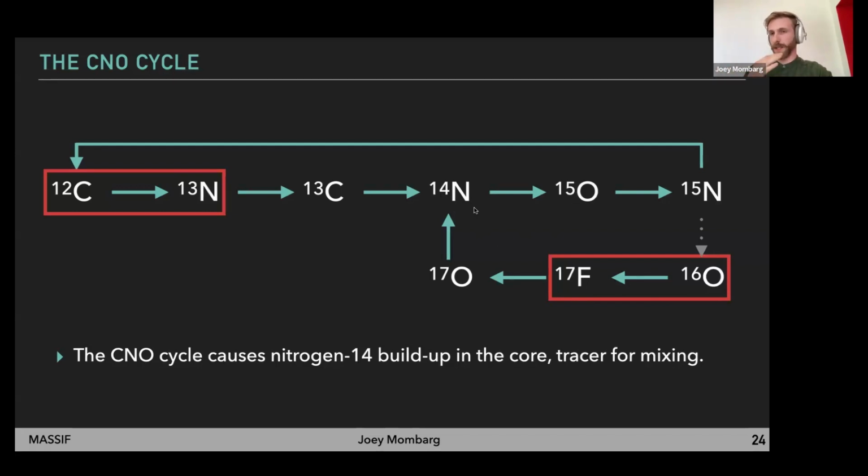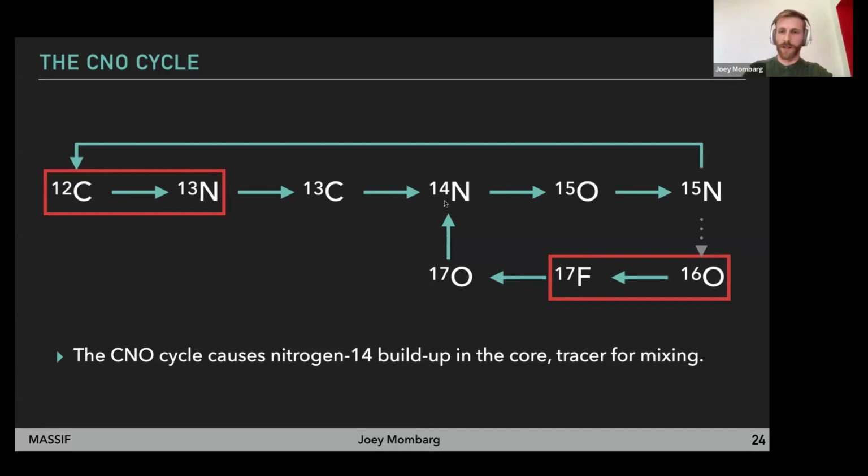If you have efficient mixing, you can transport this towards the surface where it can be observed. Indeed, we find stars that have enriched nitrogen at the surface, indicating that efficient mixing is going on. In the models I presented here, we've already accounted for this cycle, the conversion of oxygen towards nitrogen, and right now we are also working on implementing the other cycle, taking carbon into account, and solving the full diffusion equation for all of these species.